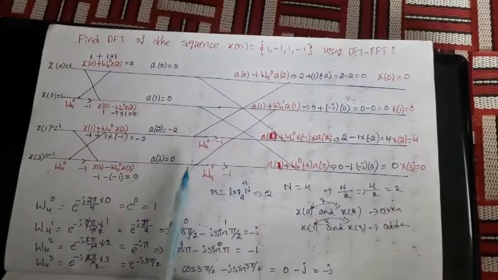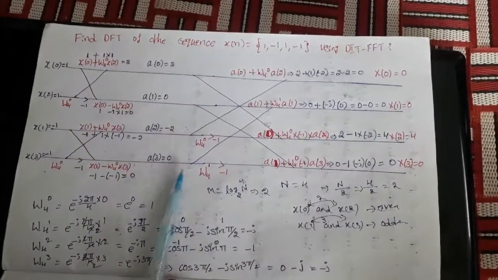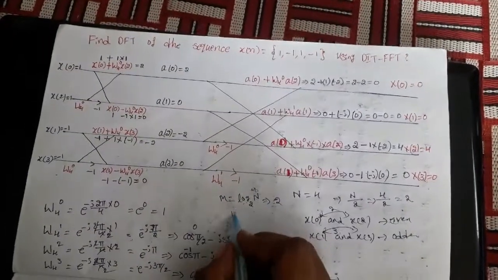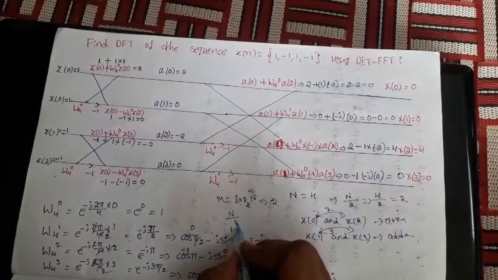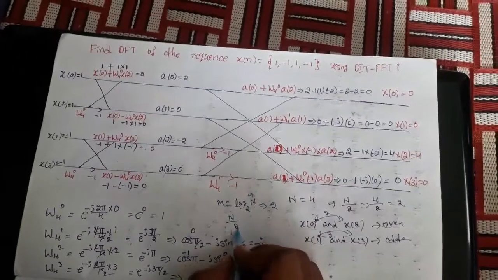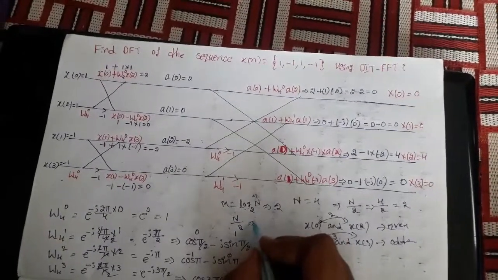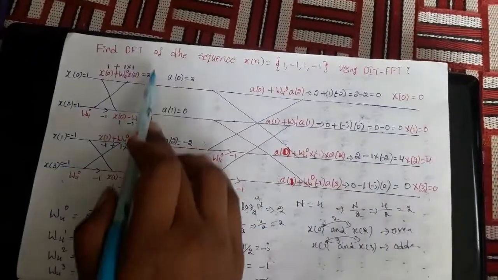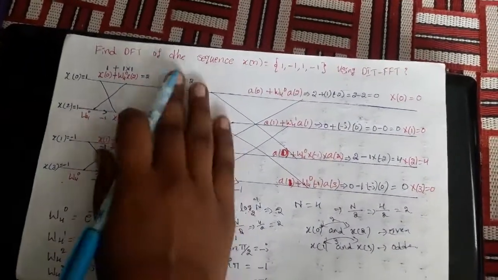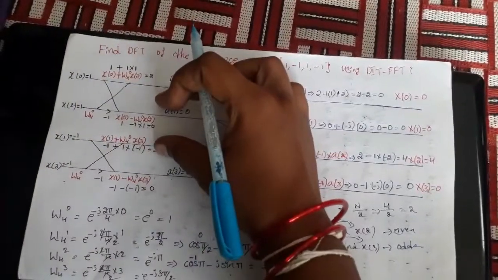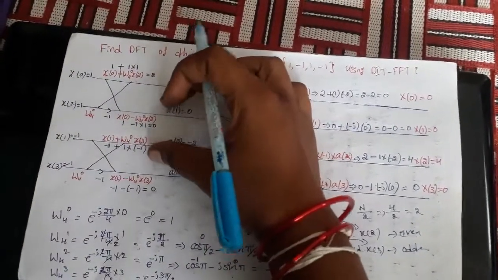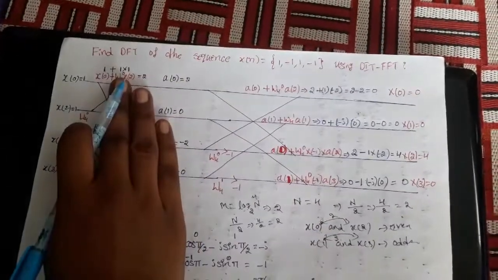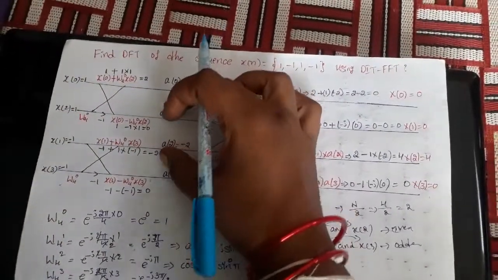Totally 2 stages are required, and each stage consists of N by 2 butterflies. That means 4 by 2, which equals 2. So the first stage consists of 2 butterflies.